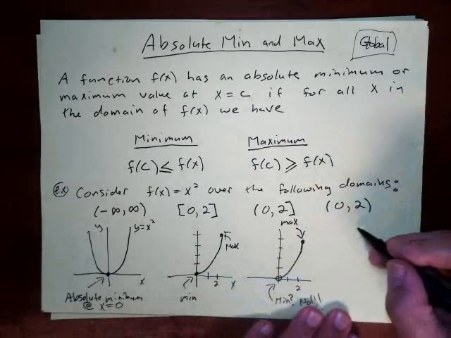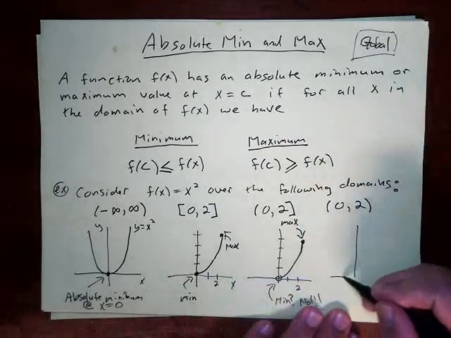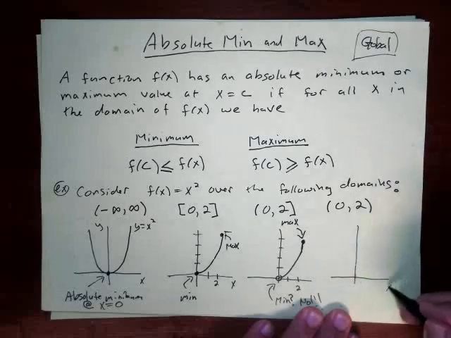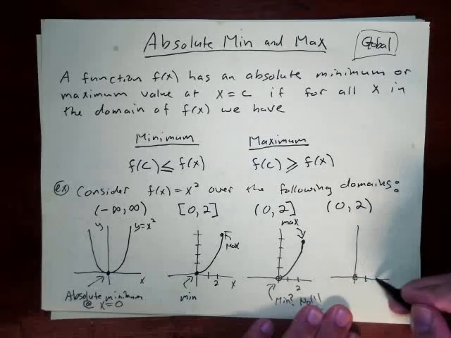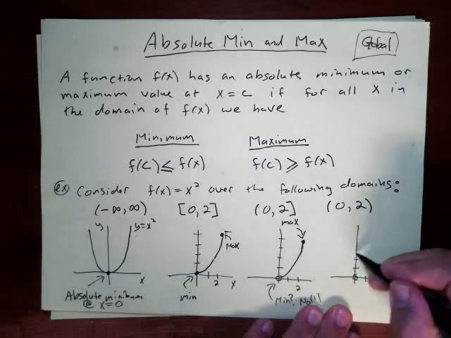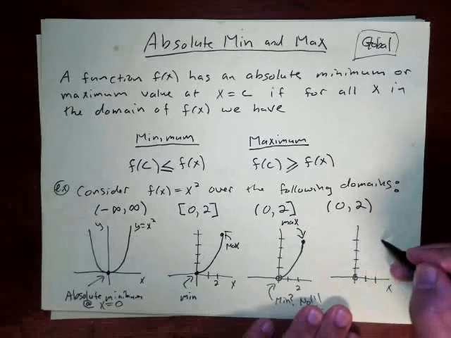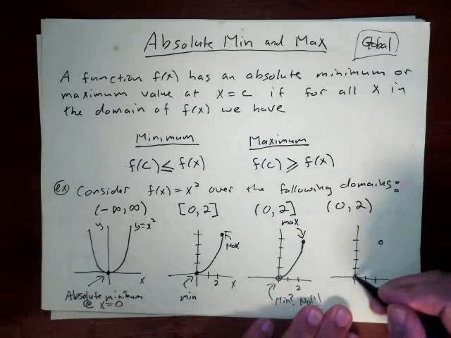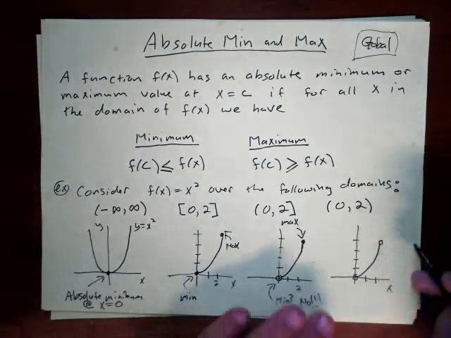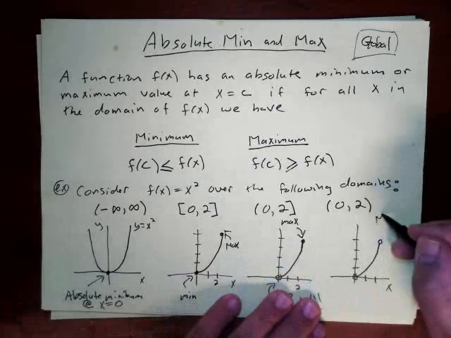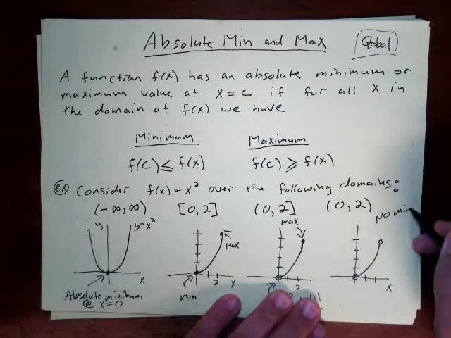So here, this is an open interval. Again, this is a completely open interval, so it's open at 1, and it's open at 4, and then it takes on all the values between that. So notice here, there's no min or max, okay?